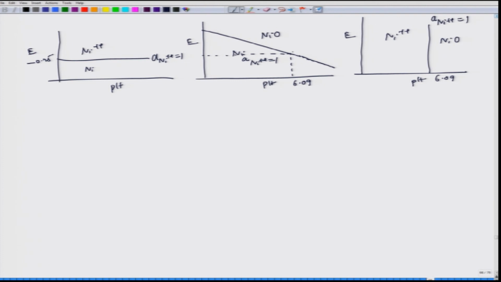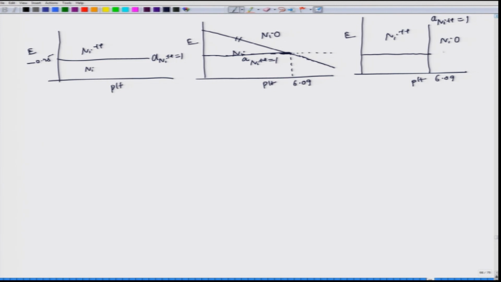Now, we can club these two lines. Since we have seen that this particular extended line should not exist because it is the region of NiO, but we are not sure whether this particular line would exist, because we are not sure whether it is nickel plus plus or a mixture of nickel plus plus and NiO zone.